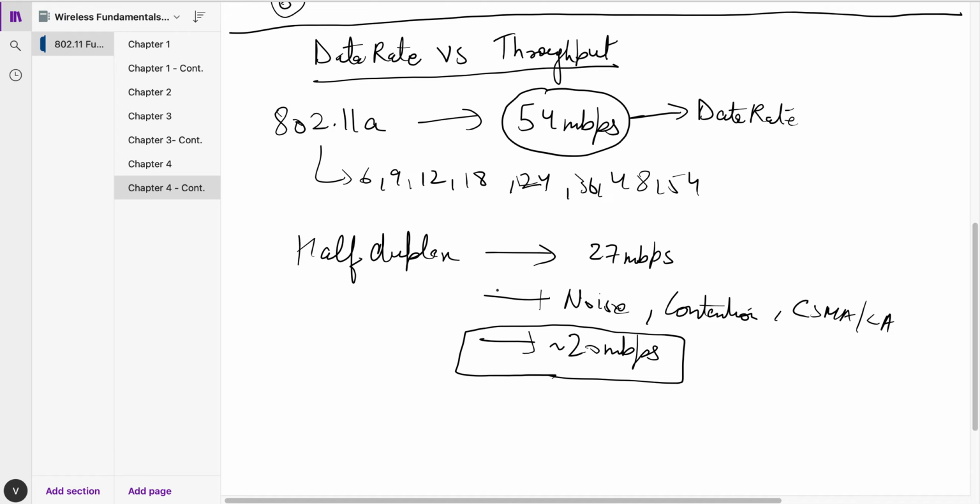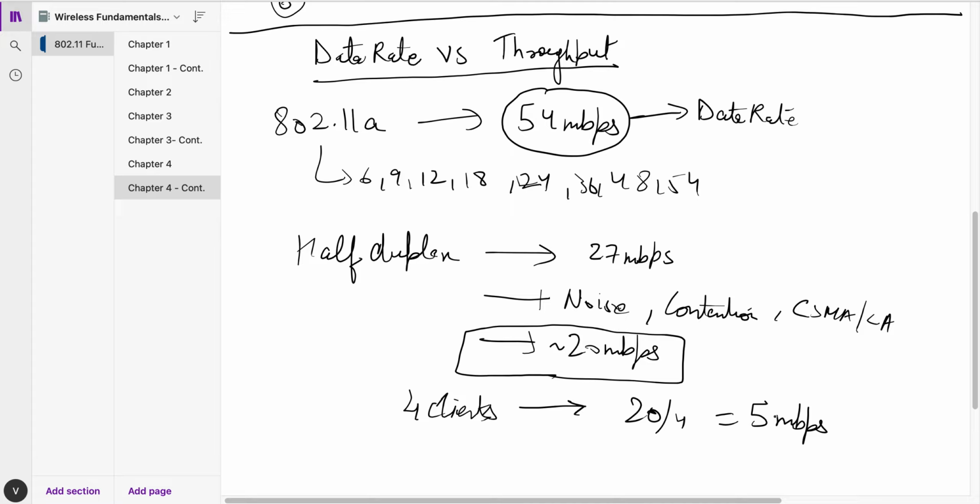Okay, dot 11A standard. If I have four clients on the AP, then the effective throughput per client becomes 20 divided by 4, which is 5 Mbps per client approximately. That is important because when we talk about 54 Mbps, a lot of people think it's the throughput that the client is getting. No, it is not the throughput. It is the data rate that the client connects on, not the TCP throughput that comes out.